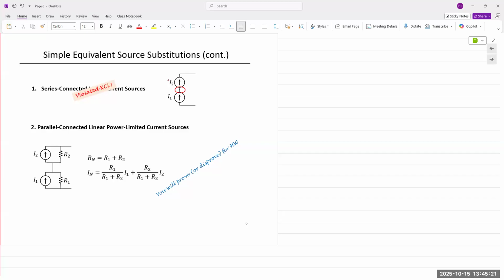However, if we have them connected in parallel, then yes, we can use it simply by taking these two terminals, taking the parallel sum of I1 and I2, and then the Norton resistance or the Thevenin resistance in this case could turn out to be R1 plus R2.